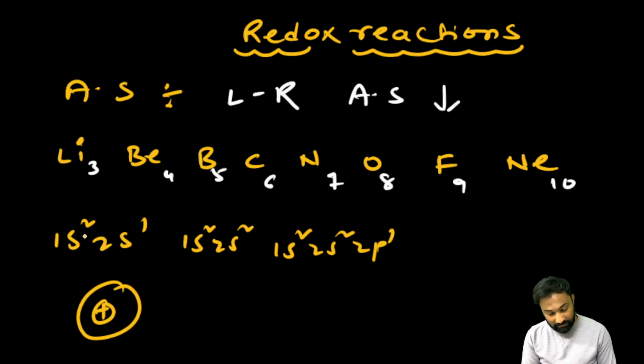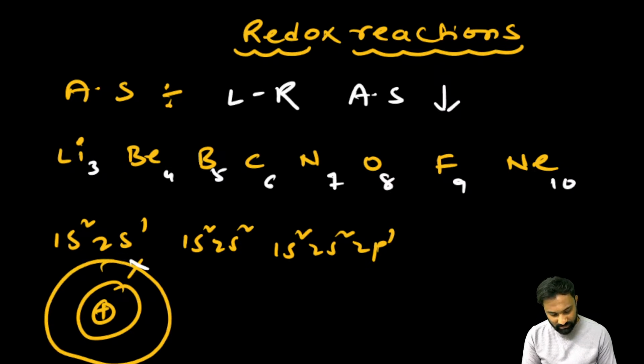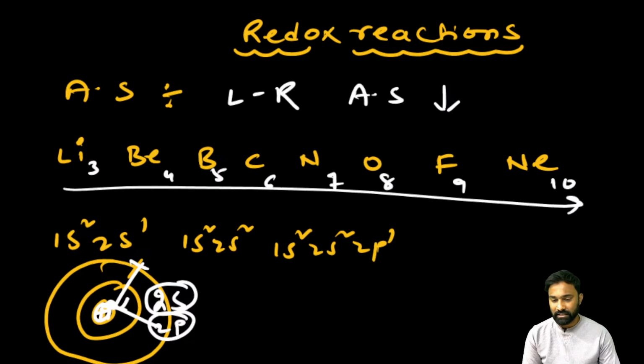Now see, the last electron is adding in the same shell, because in the second shell we are having the 2s and the 2p. As the last electron is adding in the same shell, what happened to its nuclear charge? Nuclear charge will increase. Due to the nuclear charge increasing, valence electrons will be attracted towards the nucleus strongly. That's the reason left to right atomic size decreases.